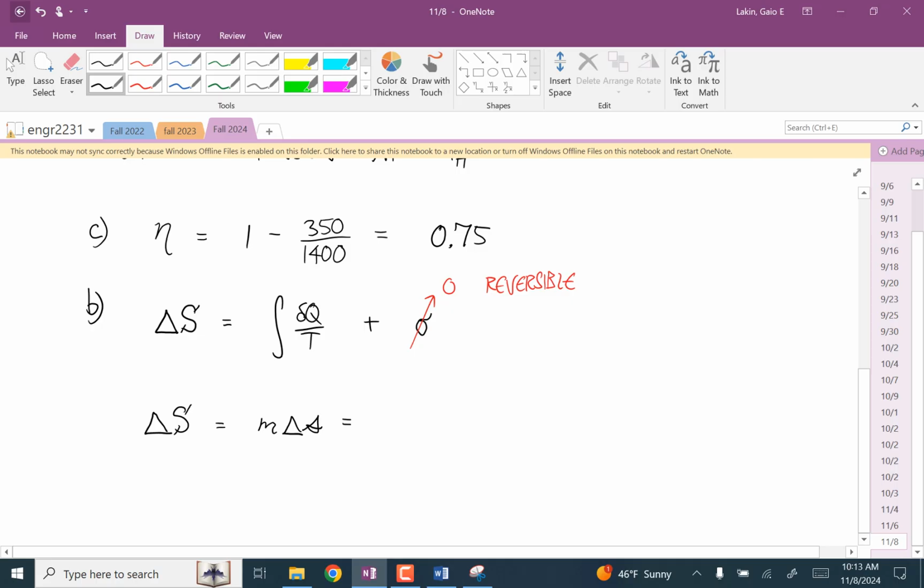We did this last time, so this is Cp times the natural log of temperature 2 over temperature 1 minus R times the natural log of P2 over P1.